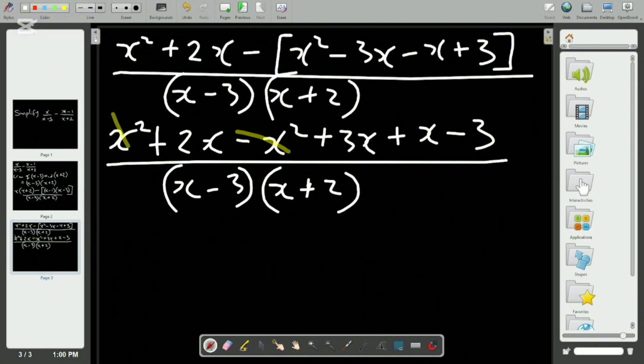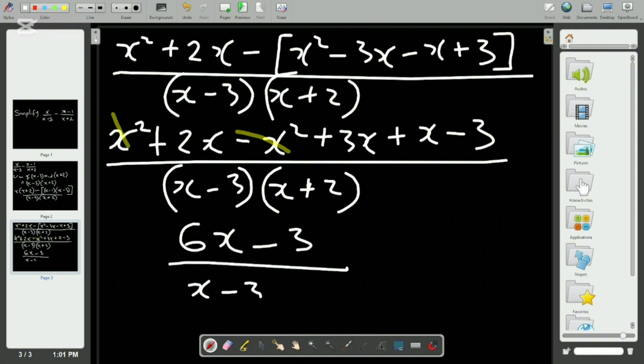So let's just go ahead. We are using this now. This is plus 2x plus 3x. That will give us plus 5x. So 5x plus x will give us 6x. So we'll come here and we'll now write 6x, then minus 3 all over what we have here, x minus 3 in brackets, and then x plus 2 in brackets.